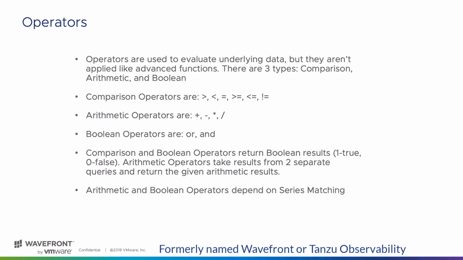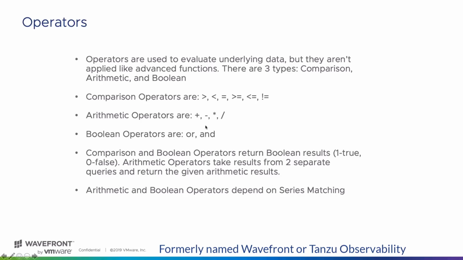Arithmetic operators are pretty self-explanatory, hopefully, for just doing math on the data and combining time series together to form new time series. And we will see in the examples here how these operators do depend on being able to match the series on either side.